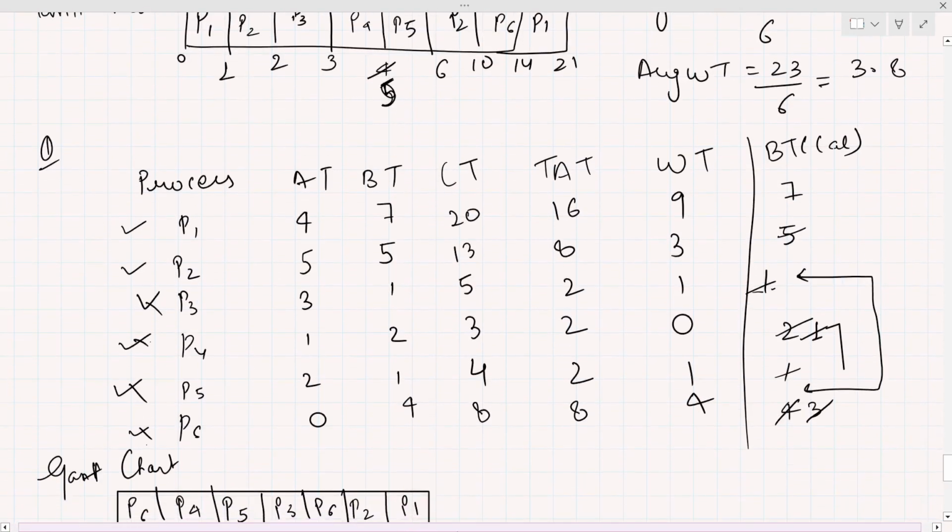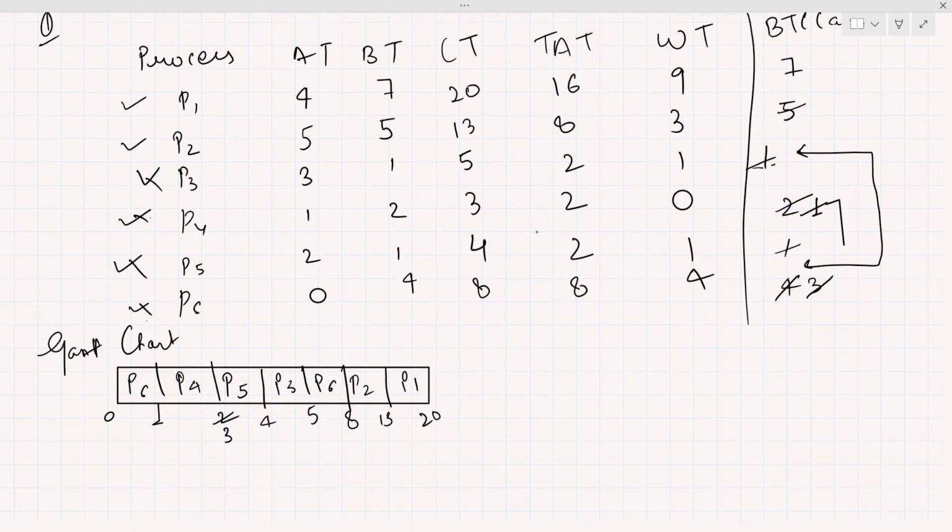Now it's easy to find the average turnaround time and average waiting time. So what is the average turnaround time? The sum of all TATs divided by the number of processes. 16, 8, 2, 2, 2 and 8. So the TAT sum becomes 38 divided by the number of processes. There are 6 processes, so it becomes 6.3.